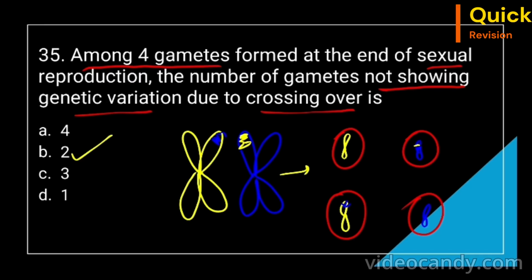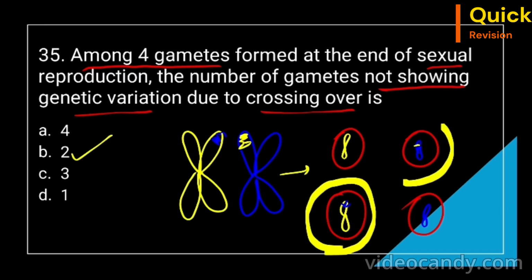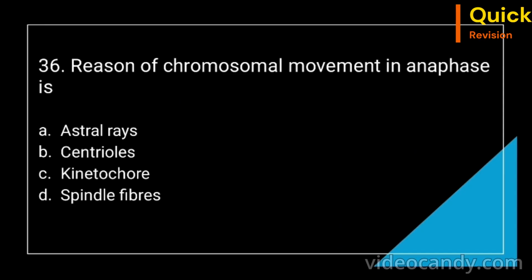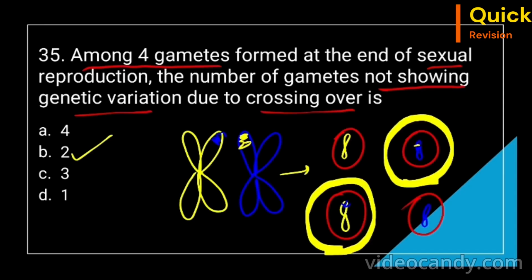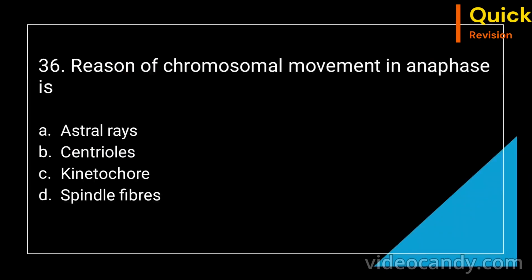Yeah, so you can see that only this one and only this one are getting recombined, and these two are remaining the same, right? So the option will be 2. Two of them are not showing any genetic variation, only 2 are showing genetic variation.